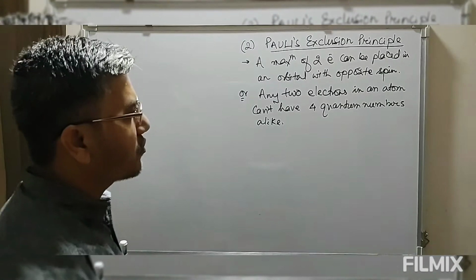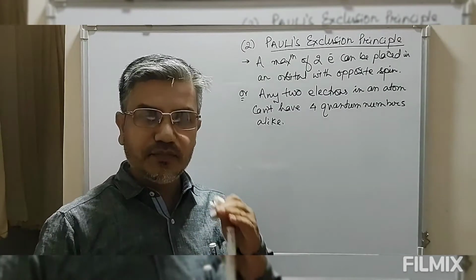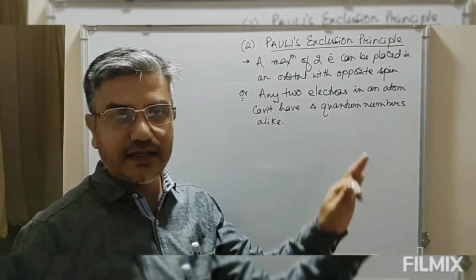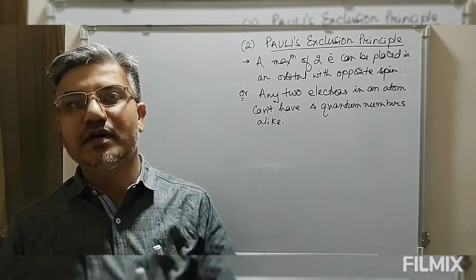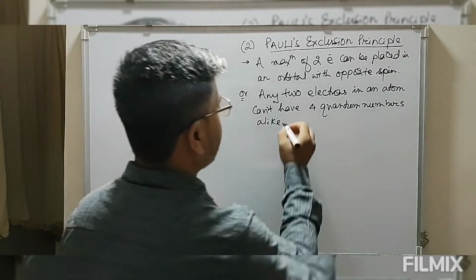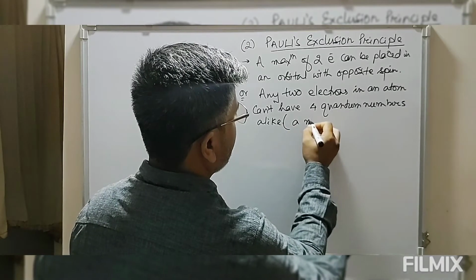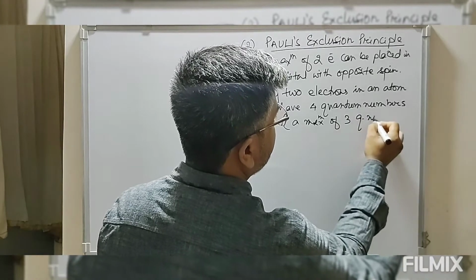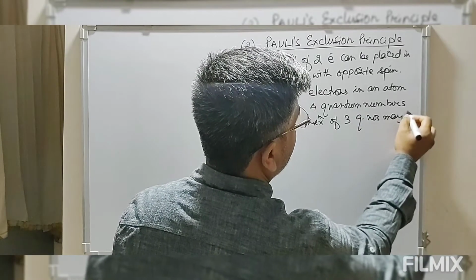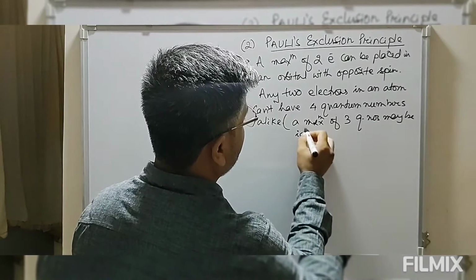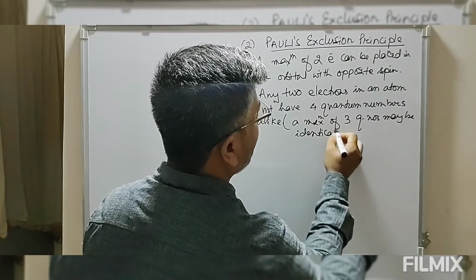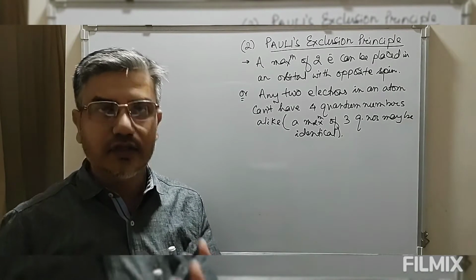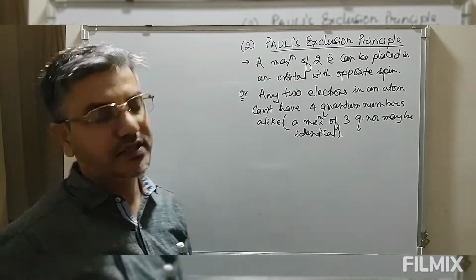That means all the 4 quantum numbers for any 2 electrons in an atom cannot be exactly identical. A maximum of 3 quantum numbers may be identical. If three quantum numbers are identical, then the fourth quantum number has to be different. This is what we call Pauli's exclusion principle.